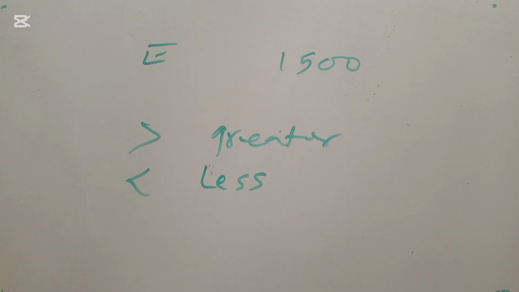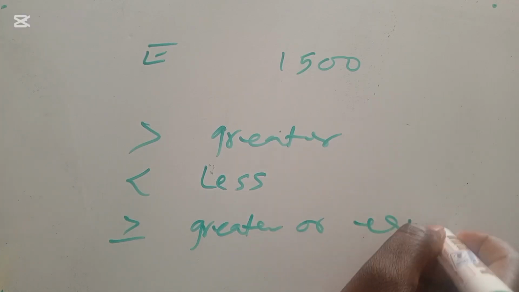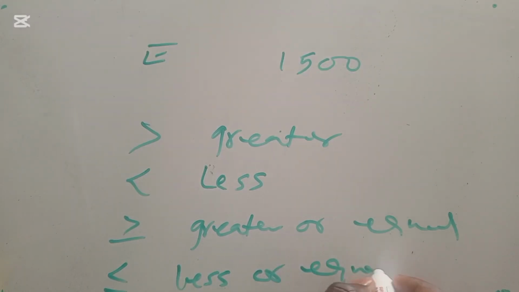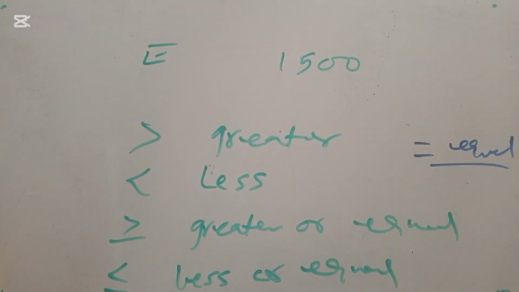Then you have this sign, greater or equal. What about this? This is less or equal. And this one is an equal sign, but we don't use it in inequalities. So out of these 4, which one do you think best fits this question?